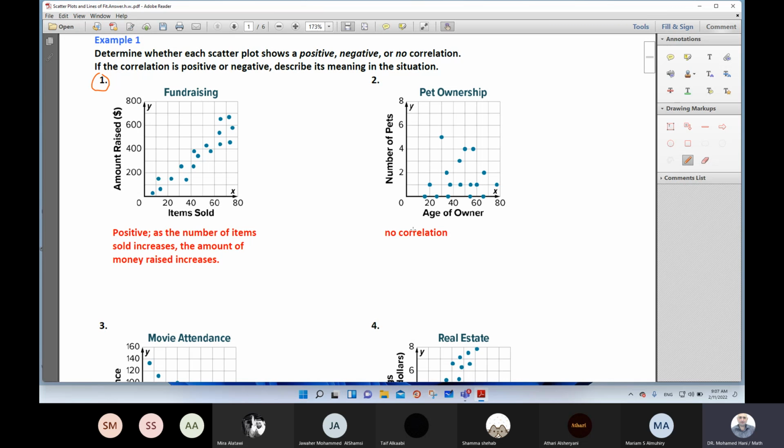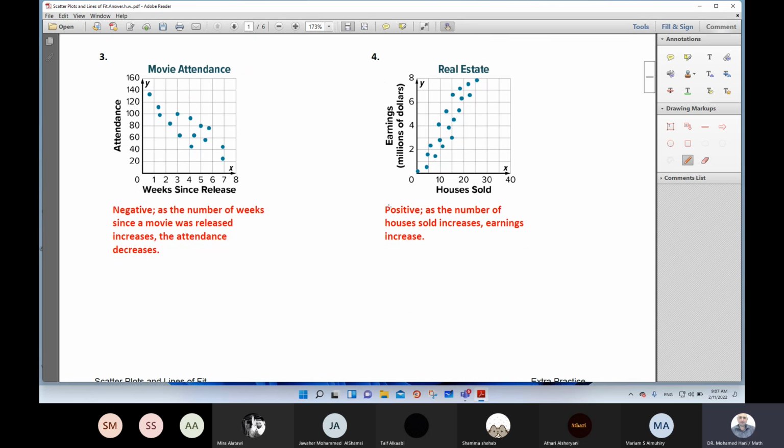In the second example here, we don't have a relationship between the points. Not related. So no correlation here.